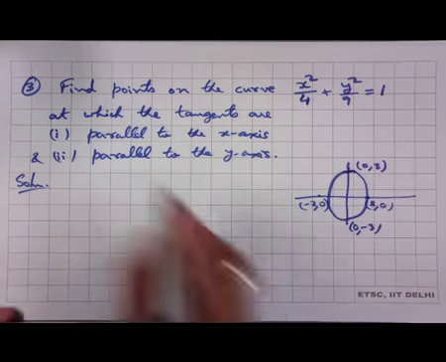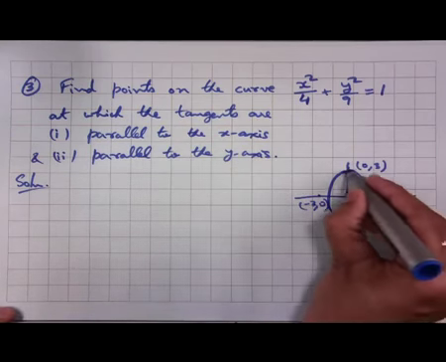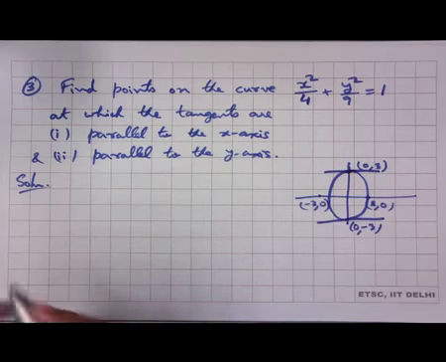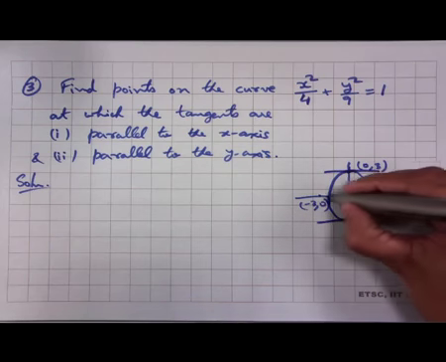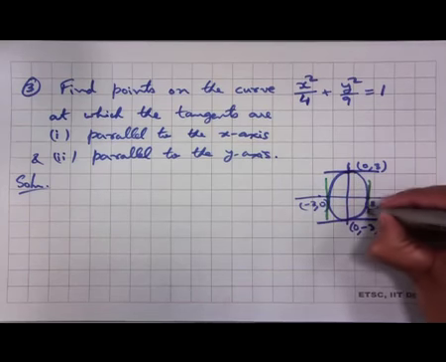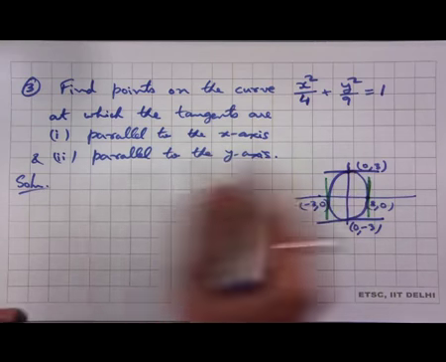So, from the figure you can see that the points where the tangent will be parallel to x axis are these 2 points and the points where the tangents are parallel to y axis are these points. But let us try to find this using what we have learnt just now.